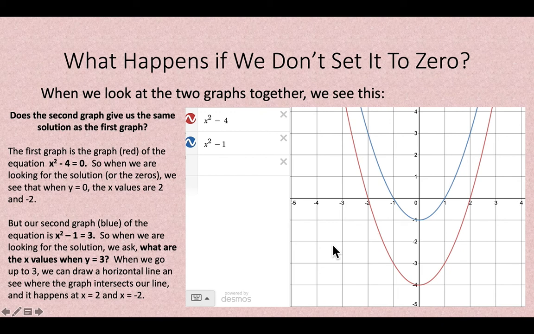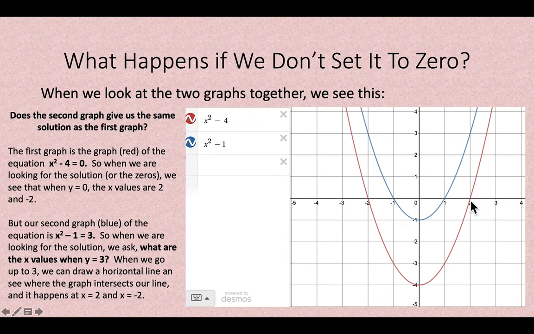Now, the second question was, does the second graph give us the same solution? And so we have to think about what our solutions are. In the first one, we said x squared minus 4 is equal to 0, so we're looking for our zeros. But now let's think about what that really means. When we say our zeros, that means the place where our graph crosses the horizontal line that is y equals 0.